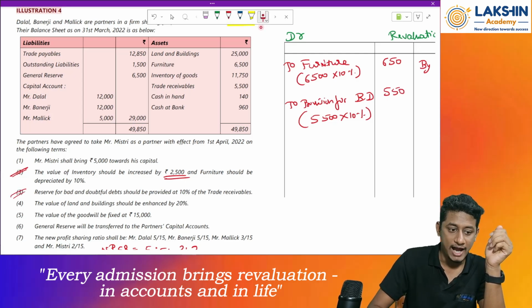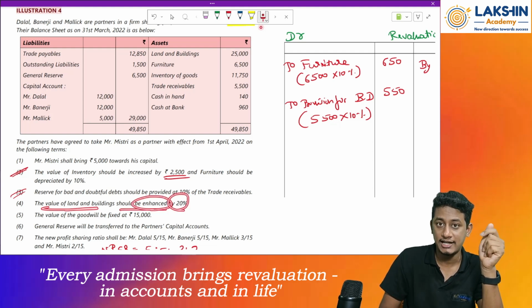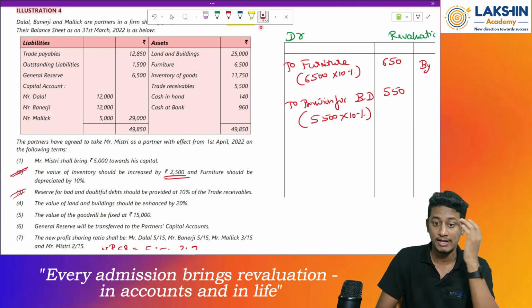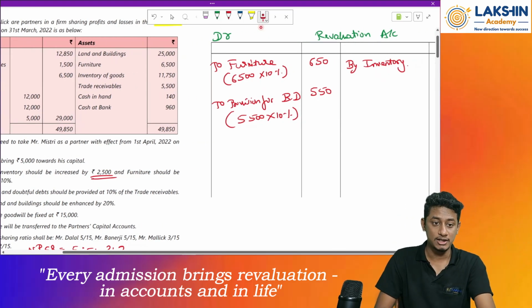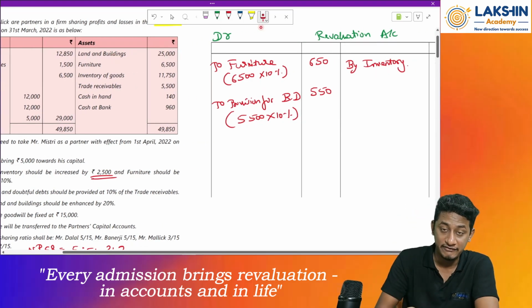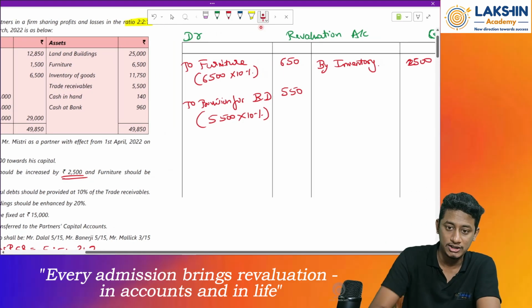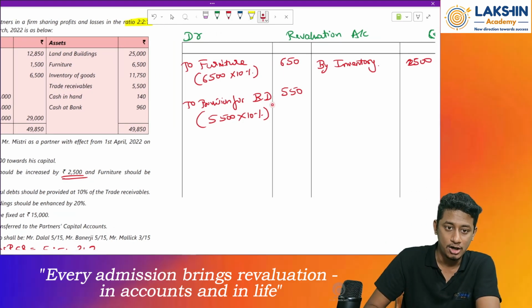The value of land and building should be enhanced by 20%. So increase the value by 20%. So the difference would be how much? So land value is rupees 25,000. Will it be an income or expense? Whenever my asset value increases, will it be an income or expense? It will be income. So on the credit side, by land and building.